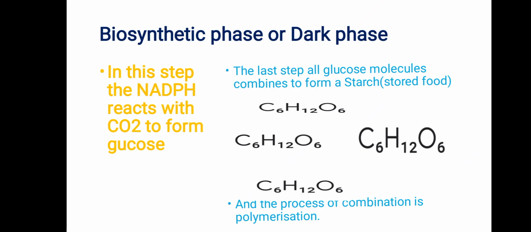Now today we are going to learn about the biosynthetic phase or dark phase. In this step, the NADPH that was formed in the light phase reacts with carbon dioxide to form the final product, that is the glucose.